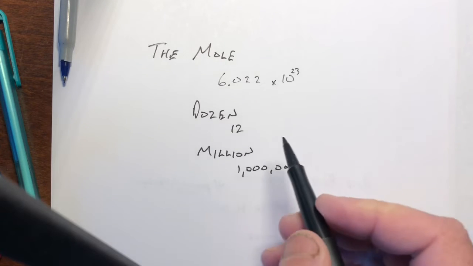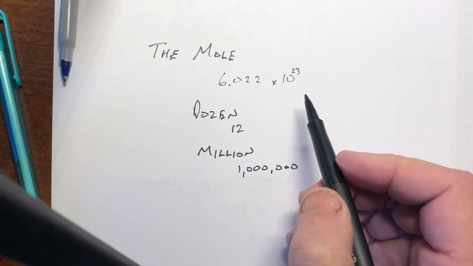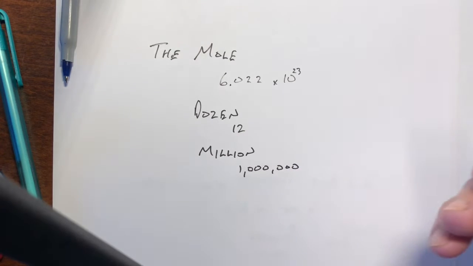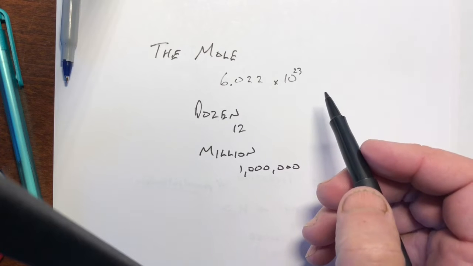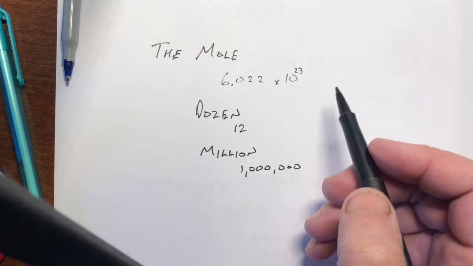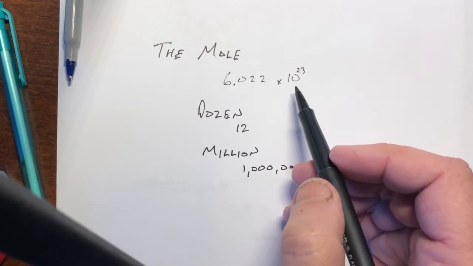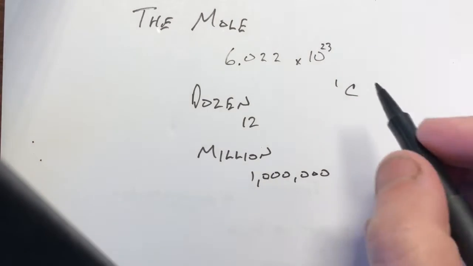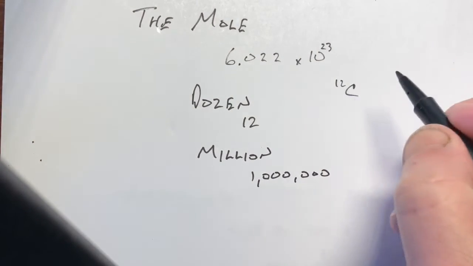Its utility comes about because we use it in chemistry to convert from easily accessible amounts, namely masses, into numbers of particles. So the mole comes about because it's the number of carbon-12 atoms.